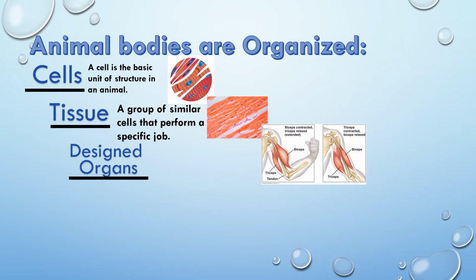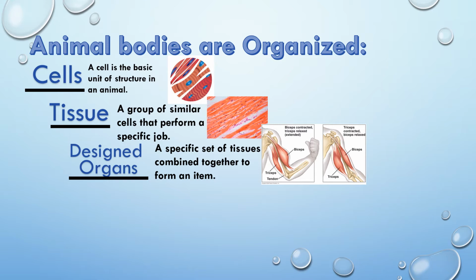When I have multiple muscle cells, they come together to help do the job of a muscle. When all that tissue comes together, they create the designed organ. A designed organ is a specific set of tissues that make a particular organ or a particular item.